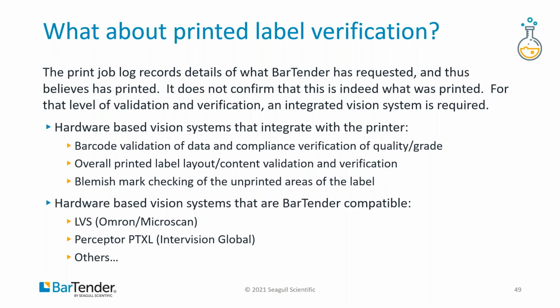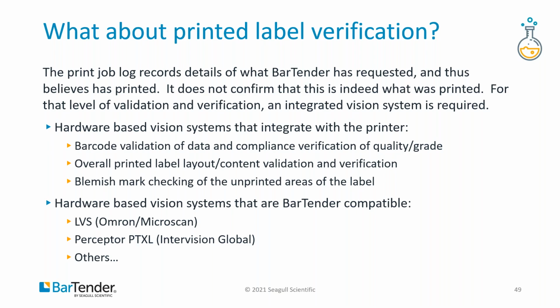And also if there is a blemish mark, for example, if there was a ribbon crease on the printer and this caused a black diagonal mark through the label design, you can have vision systems that check for such blemishes so that if there's printed marks or ink on the unprinted areas of the label, that can be validated or verified, should we say, and the label marked as bad if it does not pass the blemish check or the quality of printed label check.